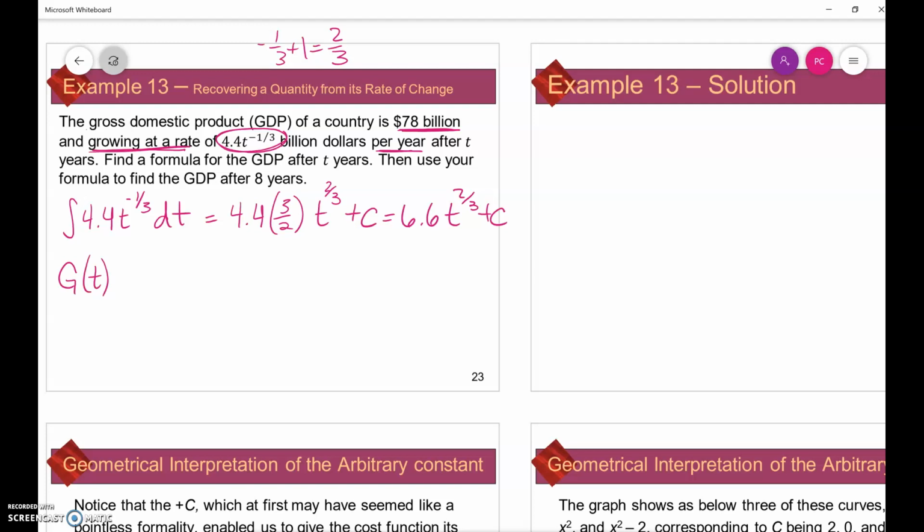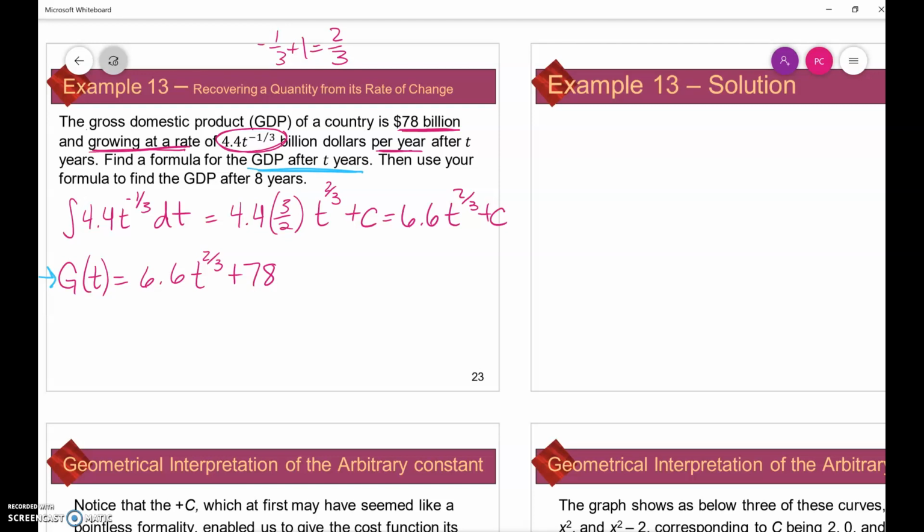That GDP formula is 6.6 t to the 2/3 plus 78. And this right here gives us the GDP after t years.